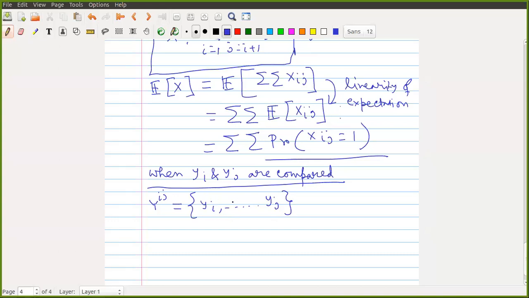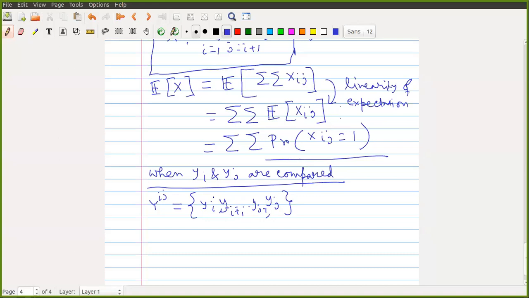Otherwise, suppose y_i and y_j are in different lists, then a pivot will be chosen from this list. Suppose this is y_i+1 and this is y_j-1. For simplicity, suppose they both belong to the same list, and then suppose we choose y_i as pivot, and then it will be compared.